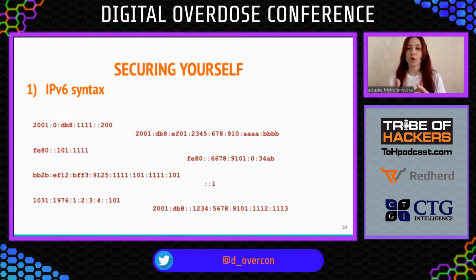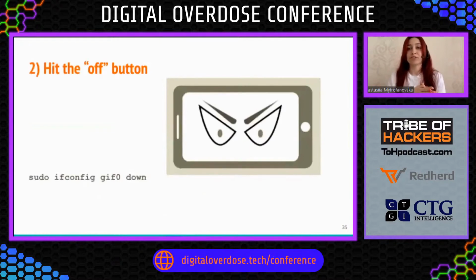Okay, so what else should you know while securing yourself or your organization? Well, knowing the syntax makes it much easier to quickly know how to deal with a security breach, for example, or implement necessary measures.